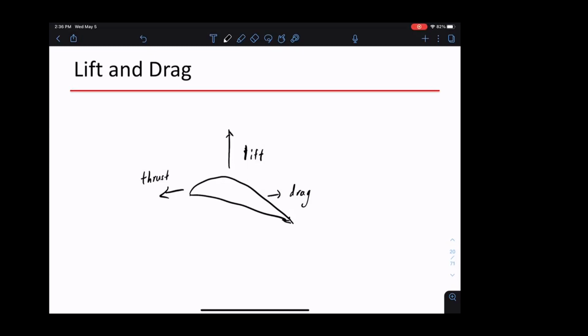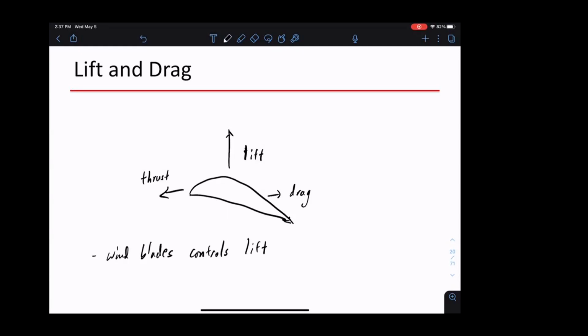With wind turbine blades, we want to control lift. We want to change how much lift we have on the blade, and that will change the speed that the turbine turns, and then the amount of power we can generate.